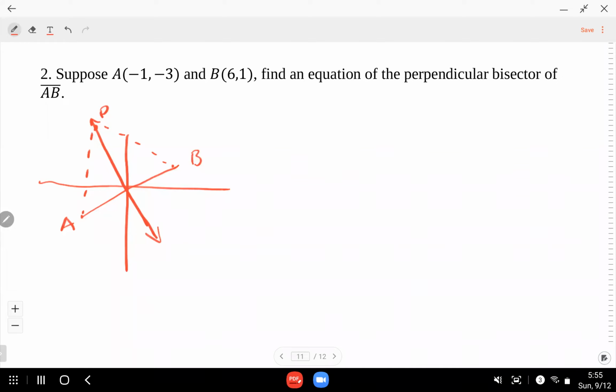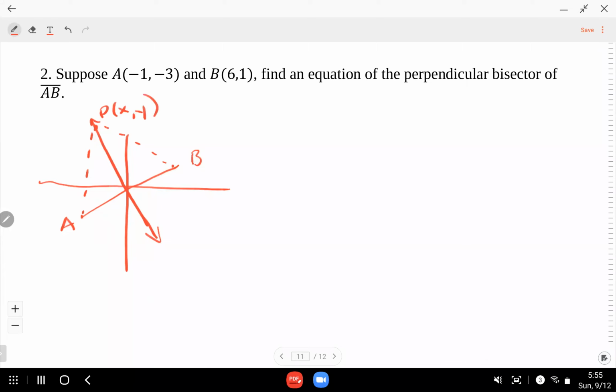So we need to prove that the distance from A to P is equal to the distance from P to B. Okay? So we're going to set up an equation, right? Because P is x, y.